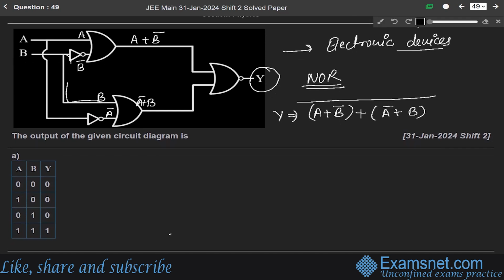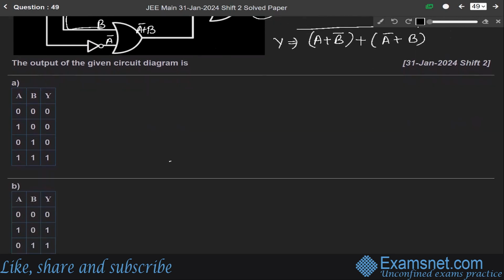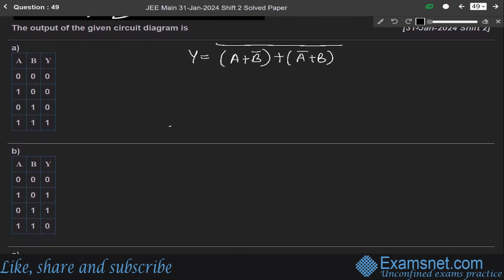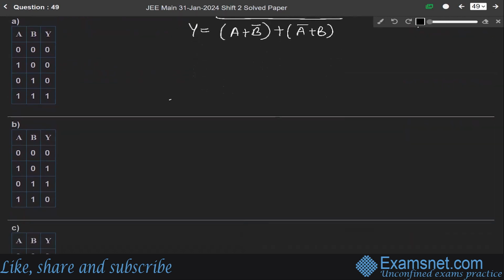Okay. Let us say Y is (A plus B bar plus A bar plus B) whole bar, since it is an OR gate. Now apply the conditions. When A is 0, it means that A bar is 1. Okay. When B is 0, this means that B bar is 1.